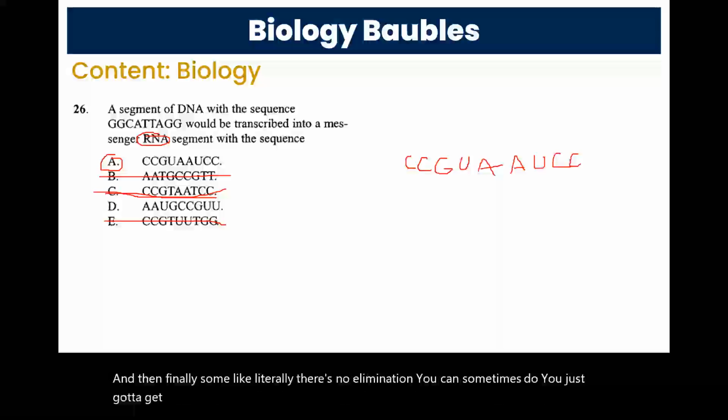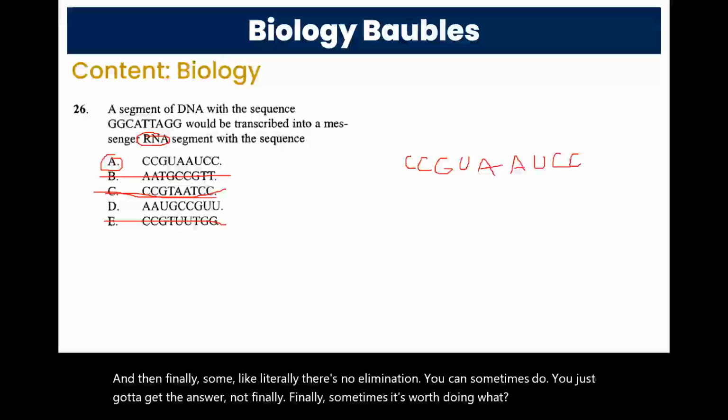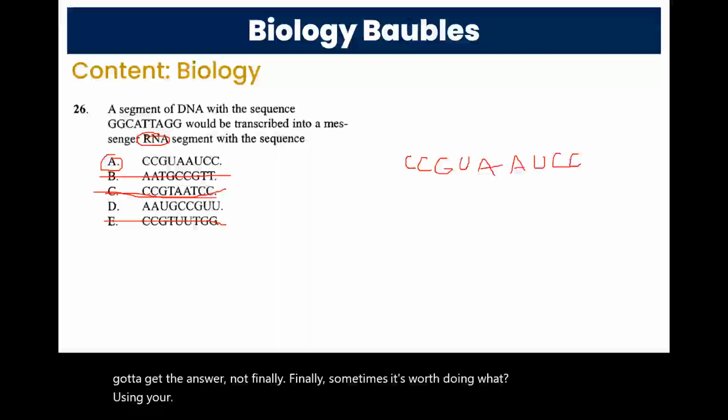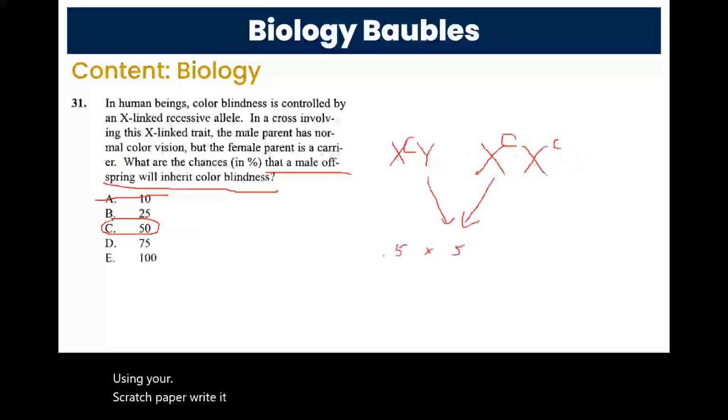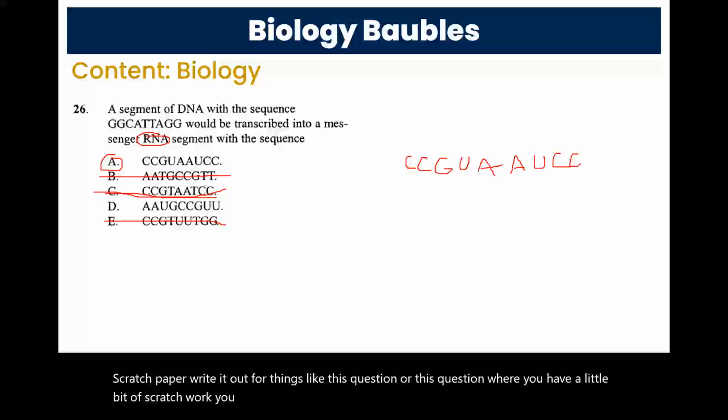Finally, sometimes it's worth doing what? Using your scratch paper. Write it out for things like this question or this question where you have a little bit of scratch work. You could do it in your head, but what do you run the risk of if you do it in your head?